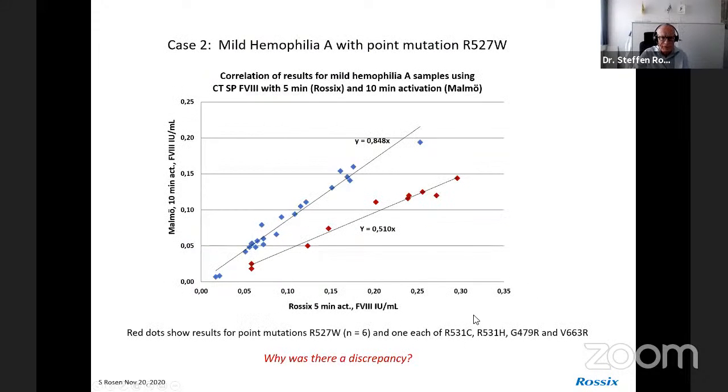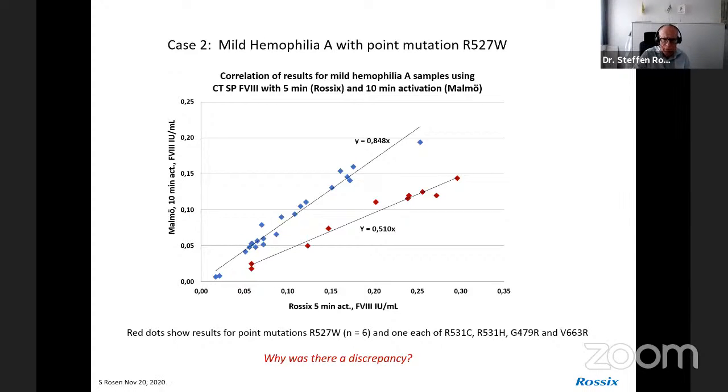Now, another interesting case which is not related to concentrates but to a point mutation in mild hemophilia, but I show it anyhow because it's a nice illustration. Our lab, as well as the Malmö coagulation lab, were participants in a multicenter study run by Professor Oldenburg in Bonn in Germany.